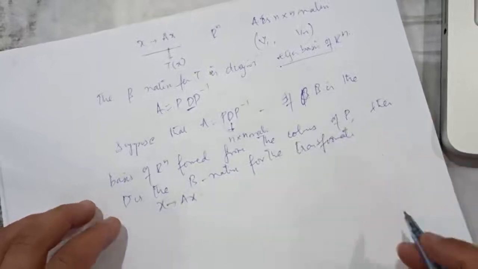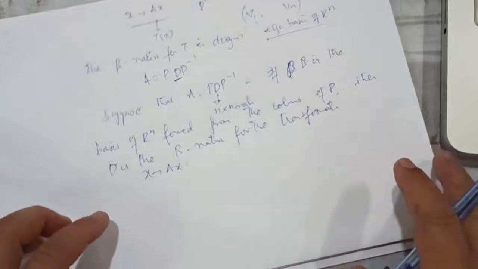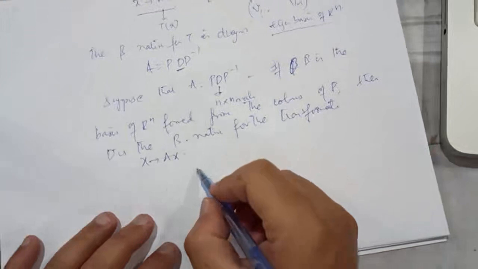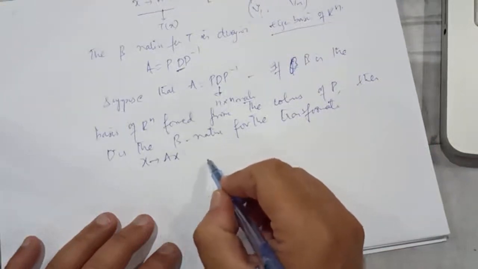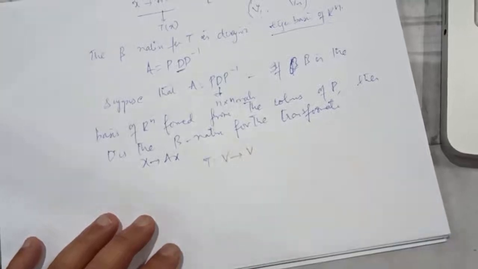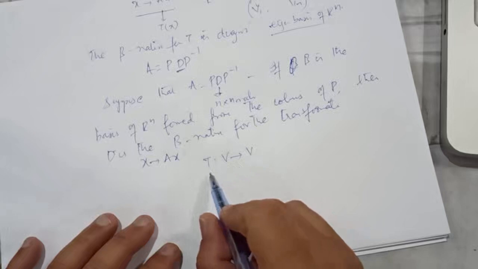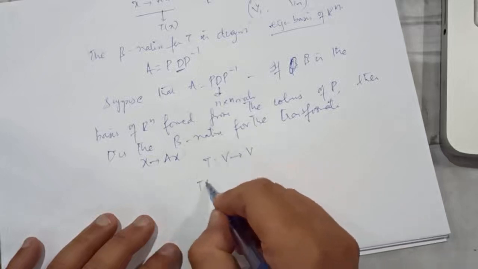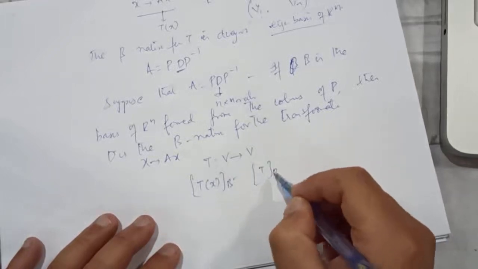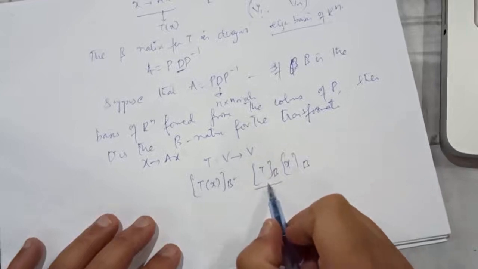So what we are saying in this context is, remember we just talked about a transformation within the same space, a transformation from V to V, right? We found out that the transformation matrix in that scenario is given by a formula like that. So this is the beta matrix relative to T, right?